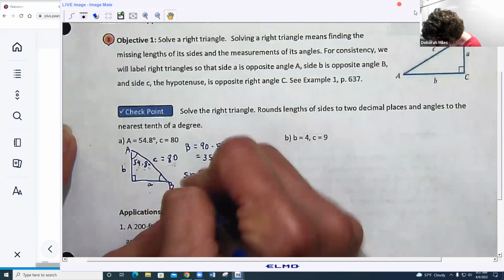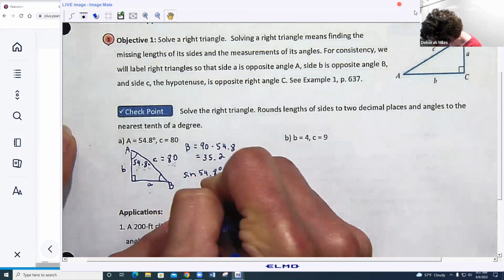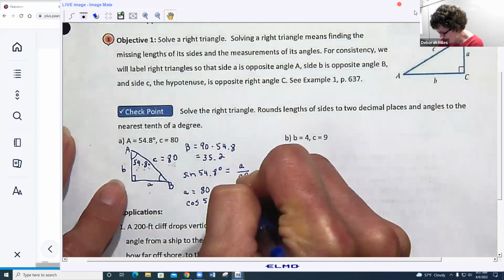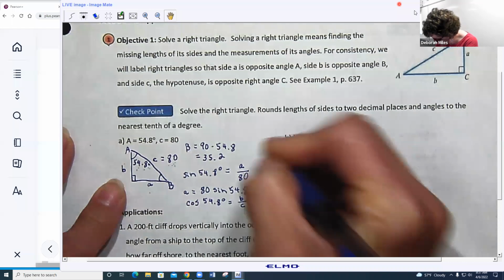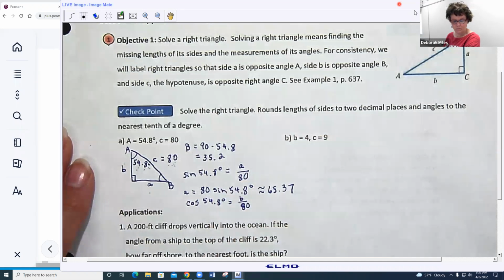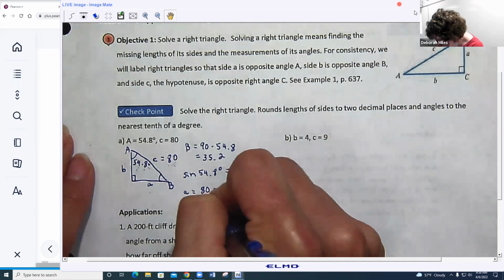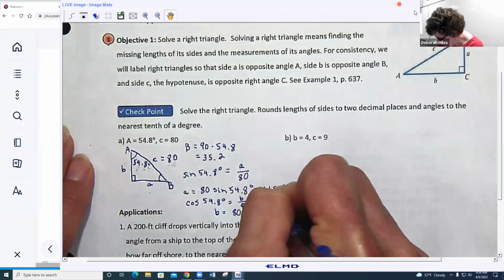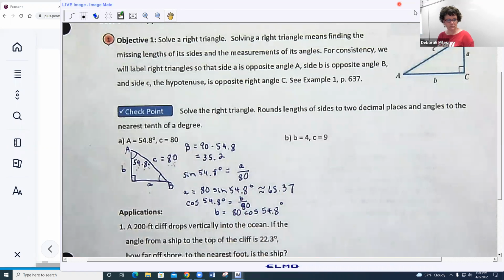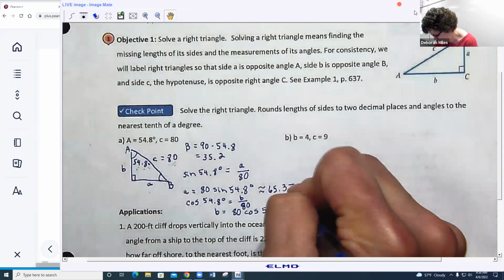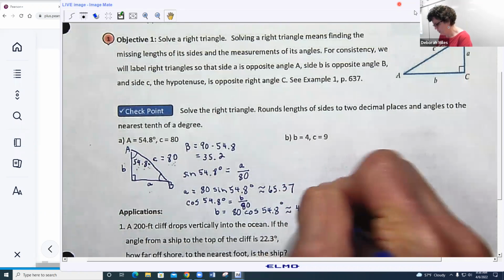So the cosine of 54.8 degrees would be b over c. I know c. c is 80. And b would be 80 times the cosine of 54.8 degrees. I punched that yesterday and got, to 2 decimal places, 46.11.